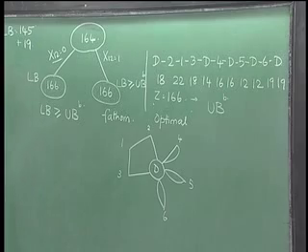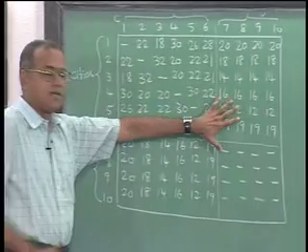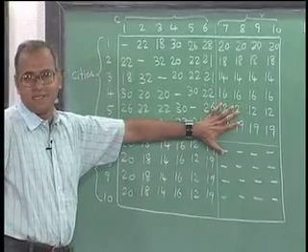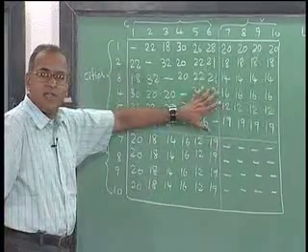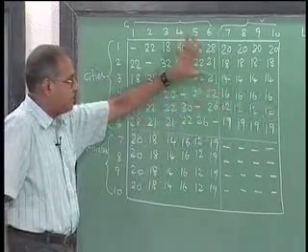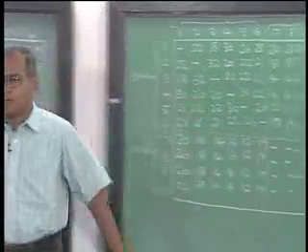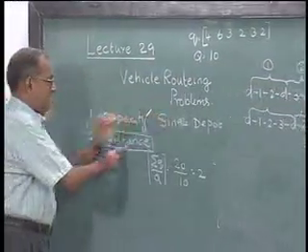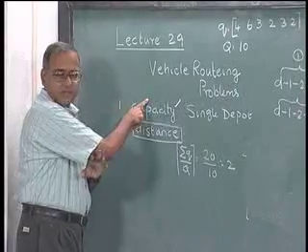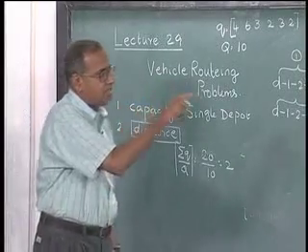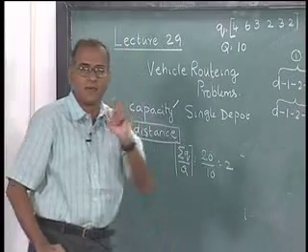So, we have now got the optimal solution to this, and this will be the allocation for the vehicle routing problem. Let us also check, remember that this matrix does not consider the capacities, it considers only the distance. Now, can we see whether this is okay even with the capacities?